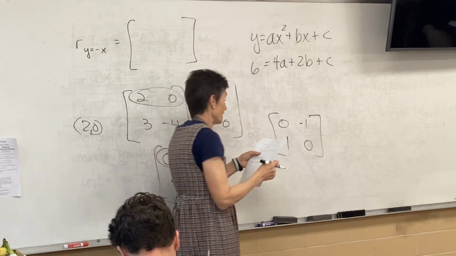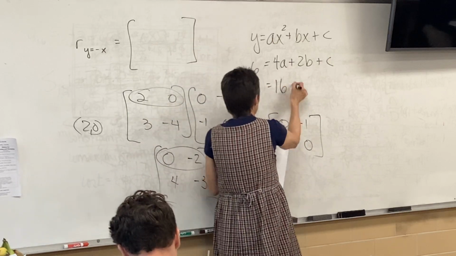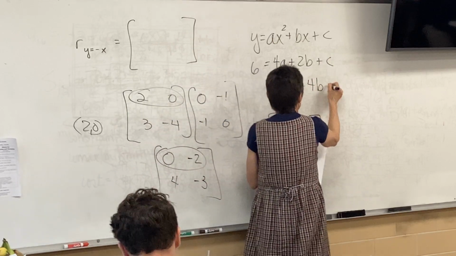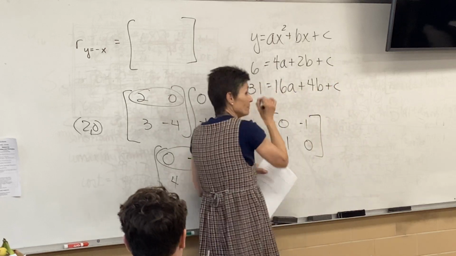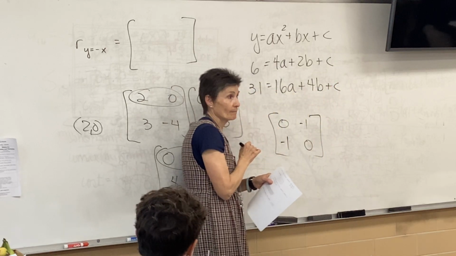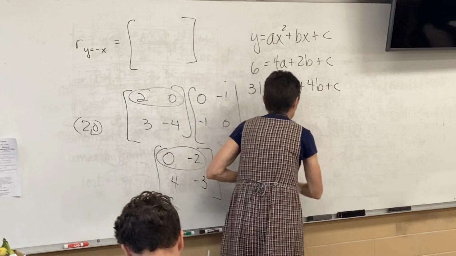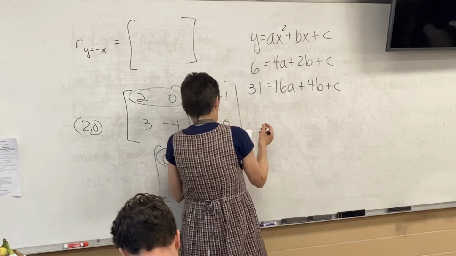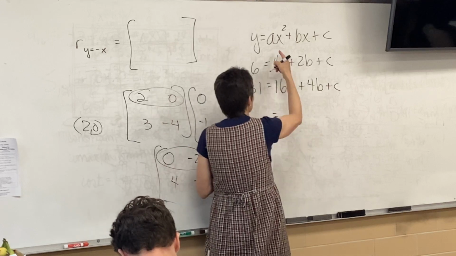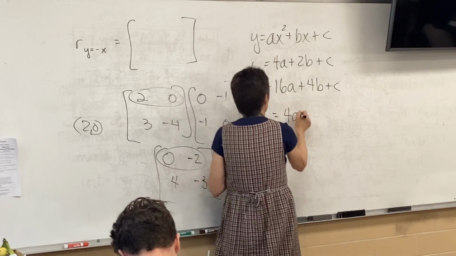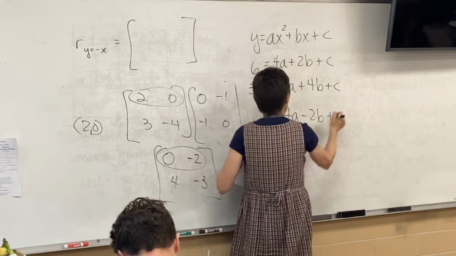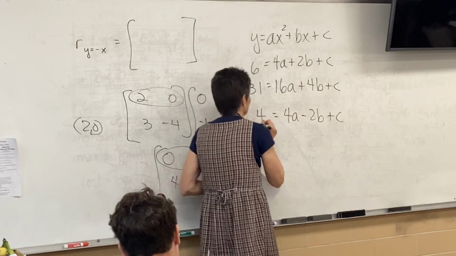And if x is 4, y is 31. And if x is -2, all right, be careful, so that's still 4a minus 2b plus c. y is 4.